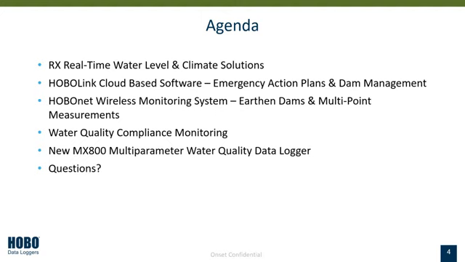Then we'll talk about the HOBOnet wireless monitoring system and how you can scale some of these measurements that you're looking to do around a dam. Then we'll talk about Onset's involvement in water quality and the compliance portion around dam monitoring, upstream, downstream, and then touch base on the MX800, our new multi-parameter water quality data logger.